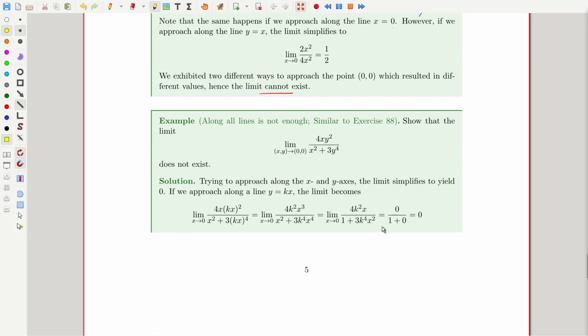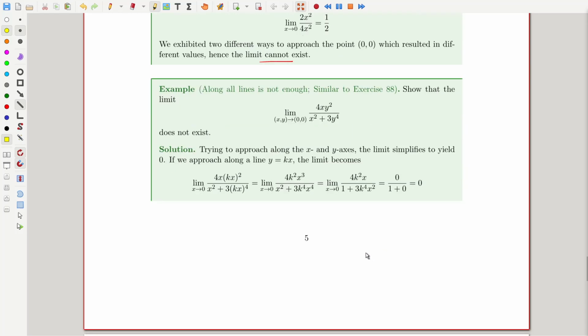Okay. This last example is a pretty key example, I guess, and pretty standard as well. It shows that considering all lines is insufficient. This is an example of a limit where you can approach the point along all possible lines and get a consistent answer, but there is a curve where you don't get the same value, and so the limit does not exist.